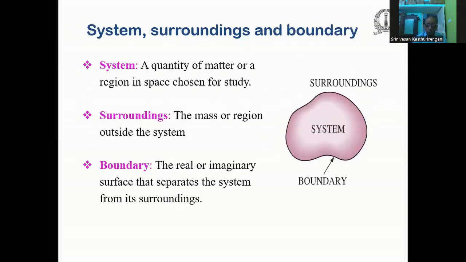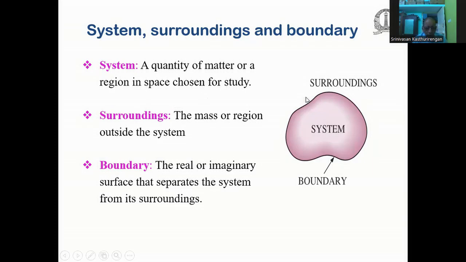Right. Let us define a system, surroundings and the boundary. A system is a quantity of matter, or a region in space, chosen for our study. Surroundings is the mass or region that is outside the system. What is boundary?